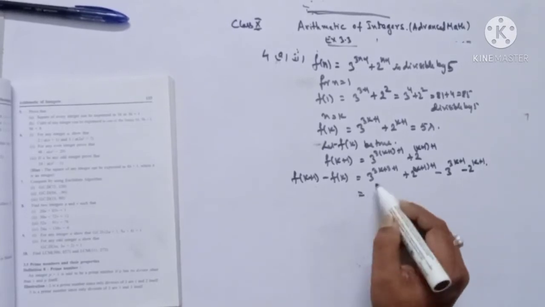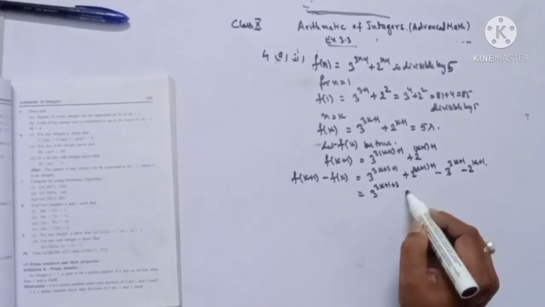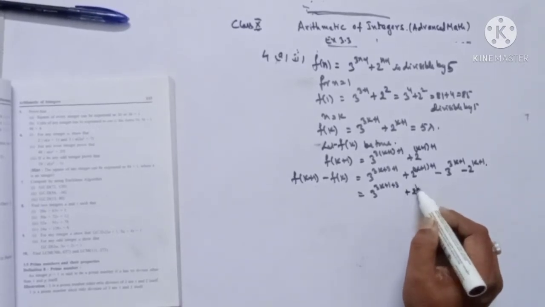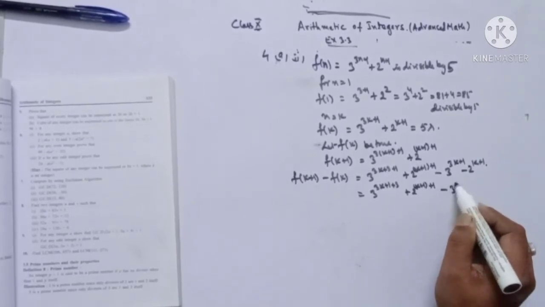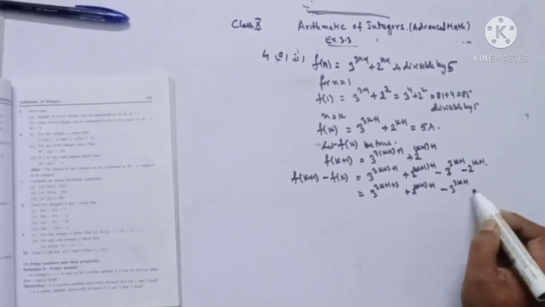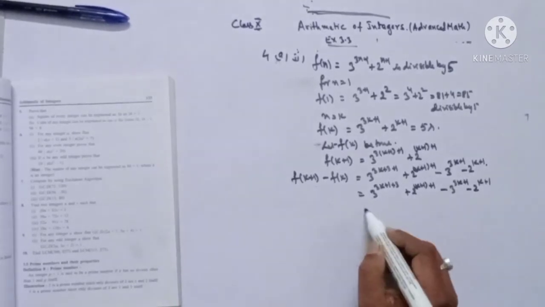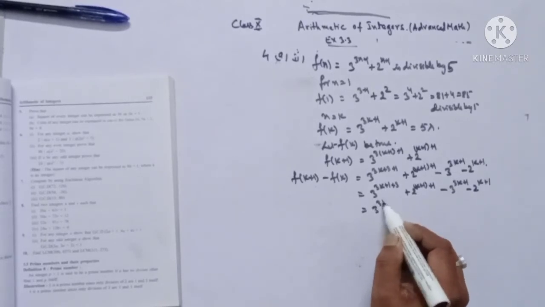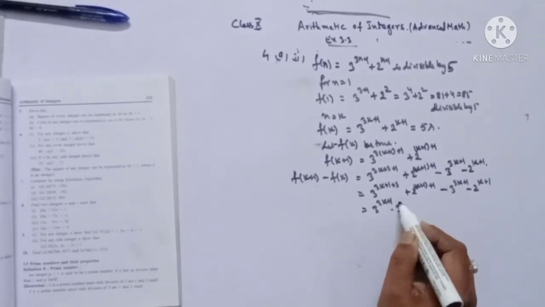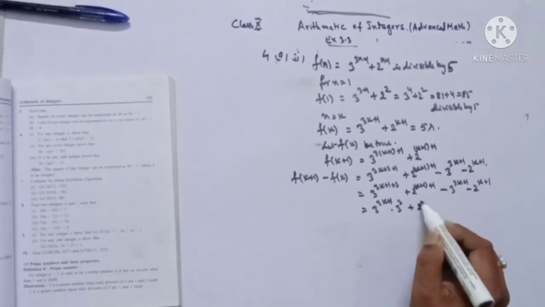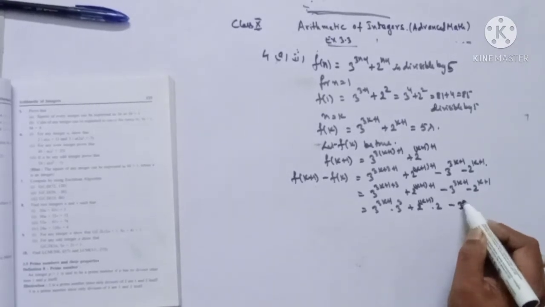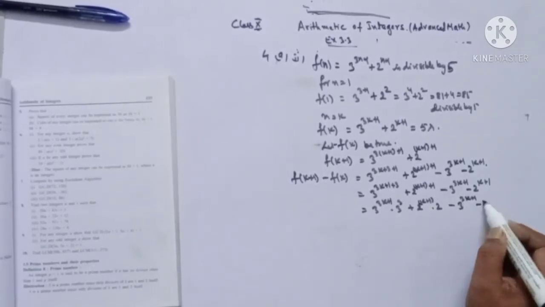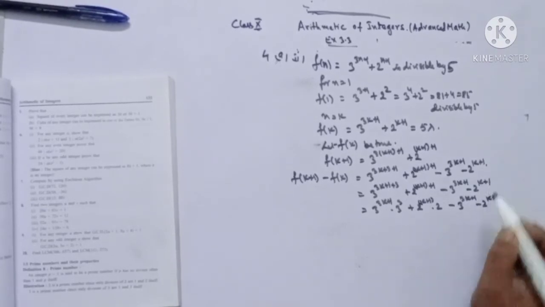So here I am going to write it like this: 3 to the power of 3k plus 1 plus 3, and here I am going to add 2 to the power of k plus 1, and this is plus 1, minus 3 to the power of 3k plus 1 minus 2 to the power of k plus 1. So this will be 3 to the power of 3k plus 1 into 3 cube, and this will be 2 to the power of k plus 1 into 2, minus 3 to the power of 3k plus 1 minus 2 to the power of k plus 1. I can write it like this.